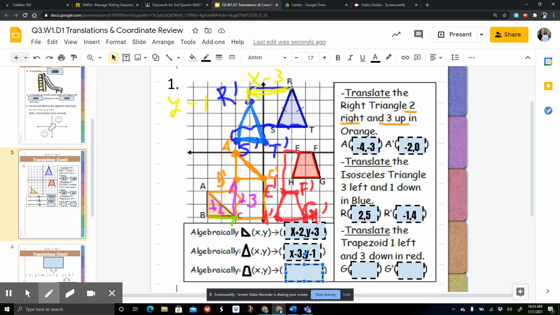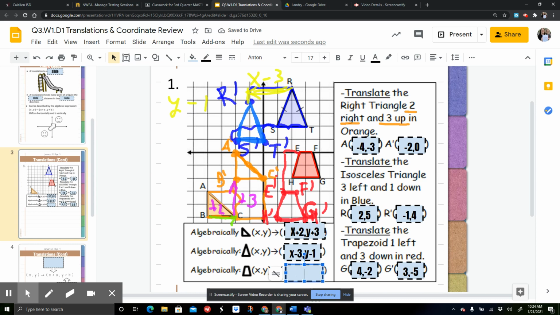Okay, so it's asking us for original G and G prime. So we're going to look at G, and G is at 1, 2, 3, 4, -2. And it moves to G prime, which is at 1, 2, 3, 1, 2, 3, 4, 5. So +3, -5.